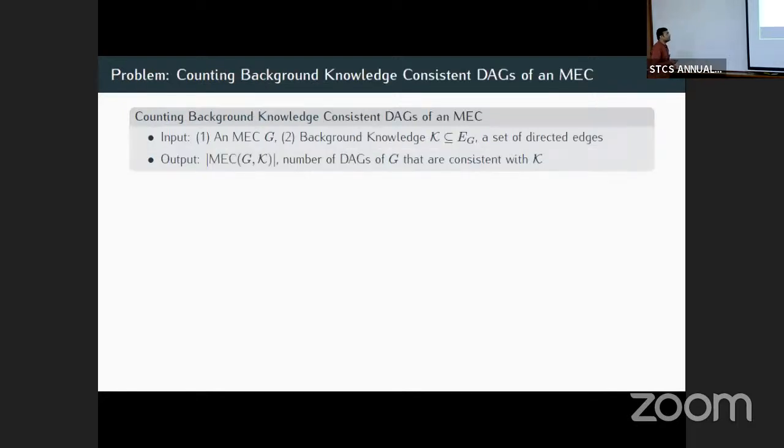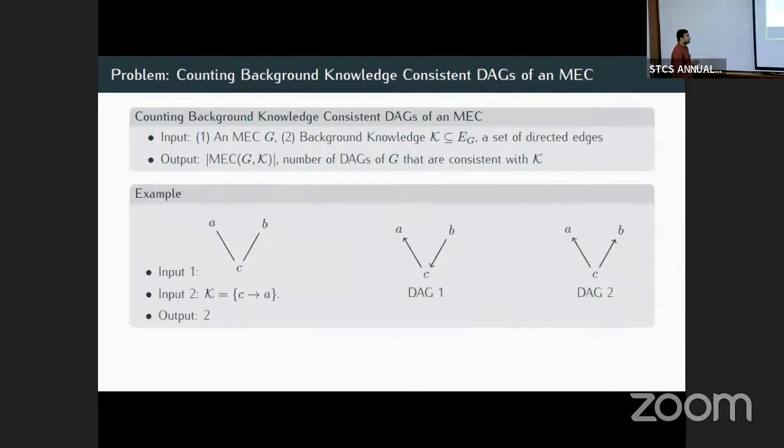So this brings another combinatorial problem where we are given a graphical representation of an MEC G, and we are also given some set of directed edges K, and we have to answer the number of DAGs of this G which are consistent with K. For example, this is an MEC, and this is the background knowledge we have.